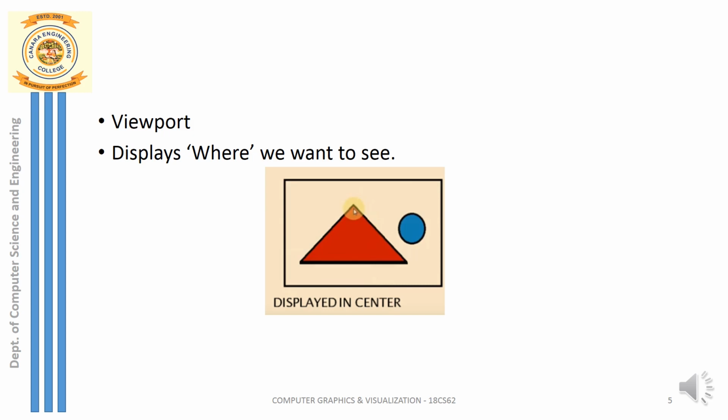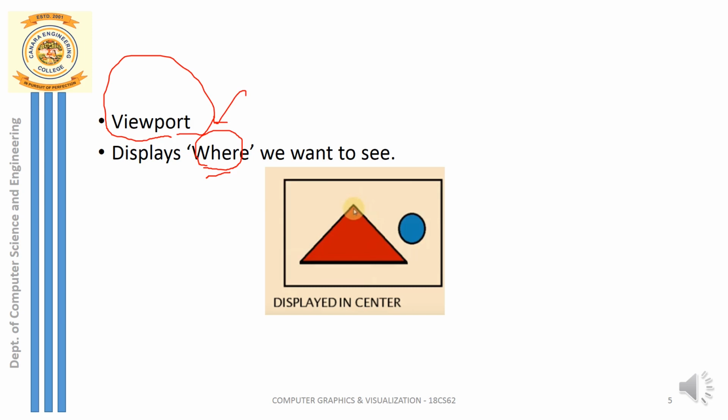That is decided by the viewport. Remember, the next term is viewport. This decides where exactly we finally display that chosen portion of the screen, whatever you had selected earlier with the help of the clipping window.